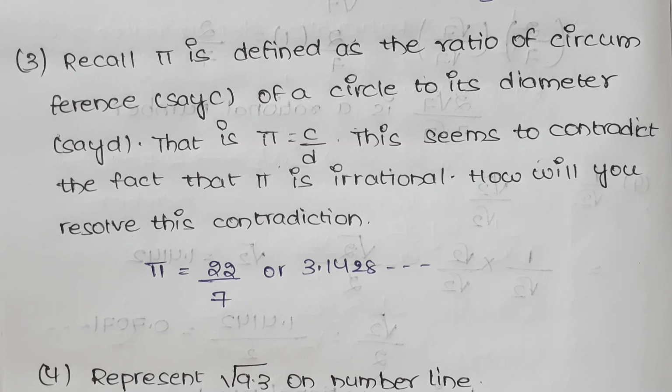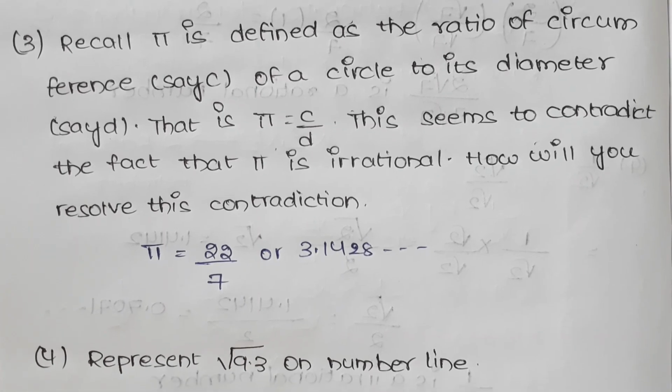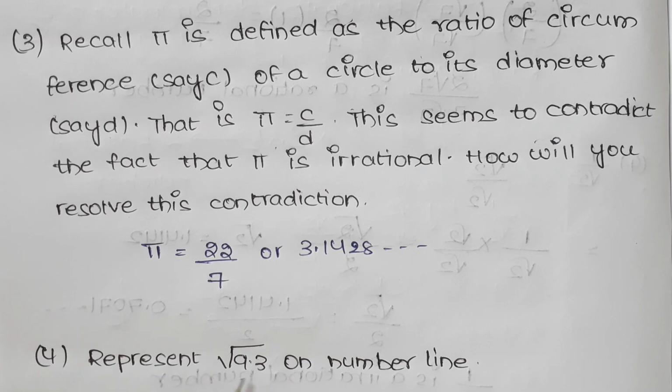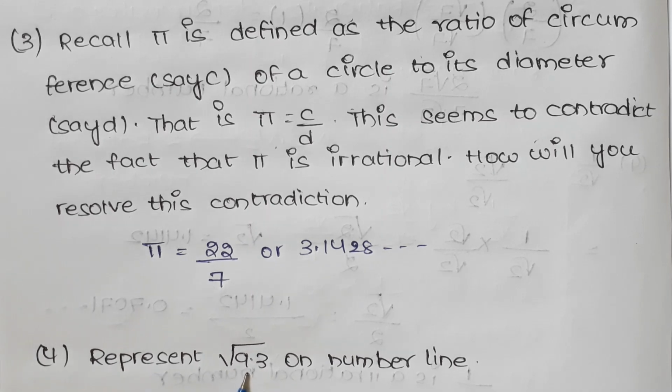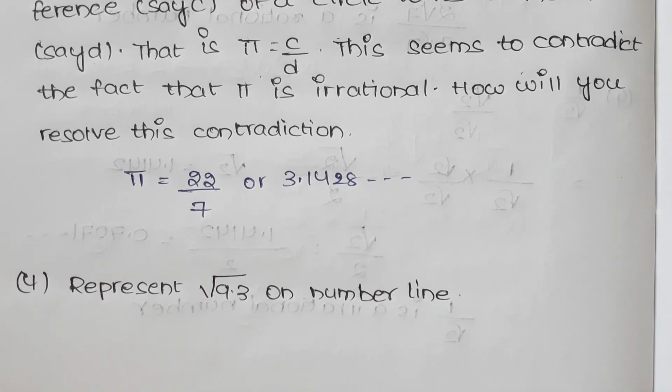Now let us see the fourth question, that is represent root 9.3 on a number line. We have already seen in an example how to represent the given number on a number line. Now let us see how to represent root 9.3. This can be done through some steps.